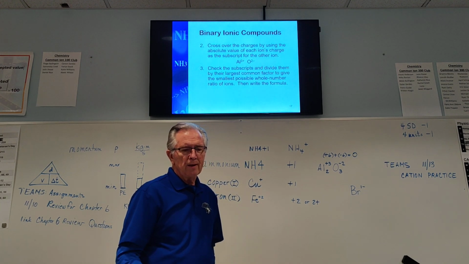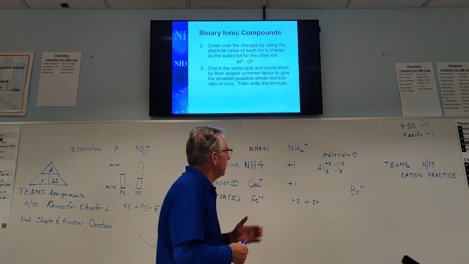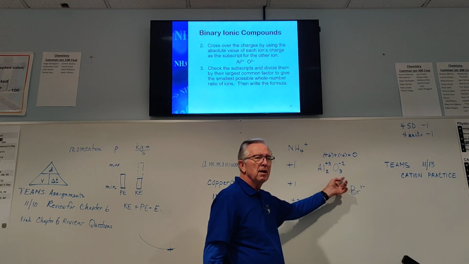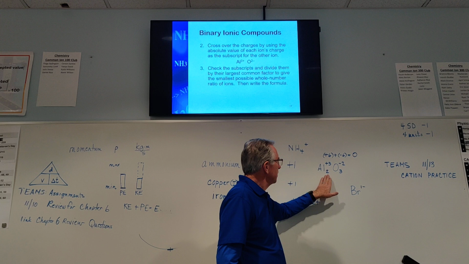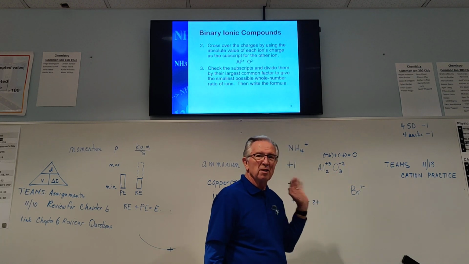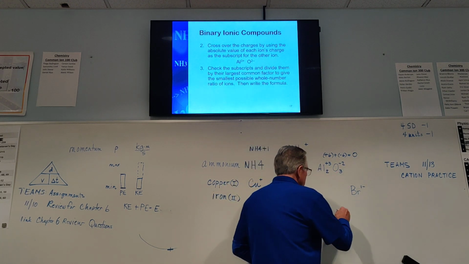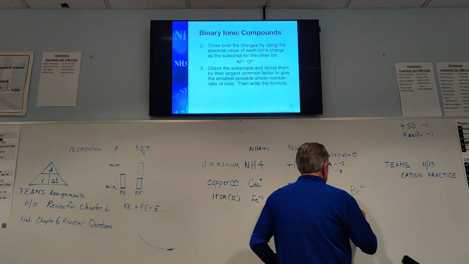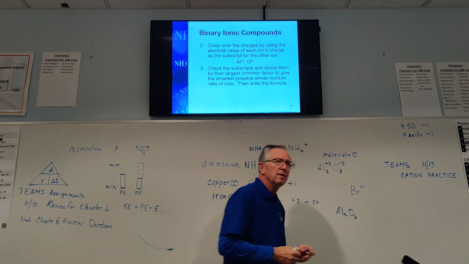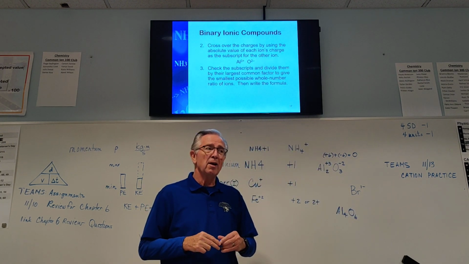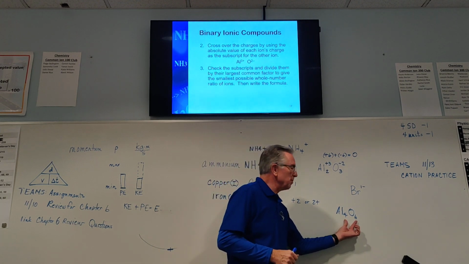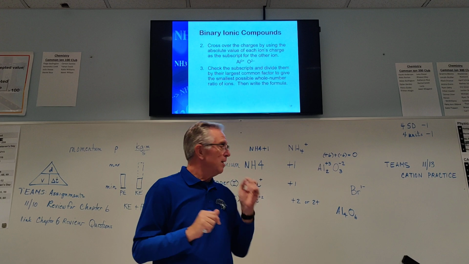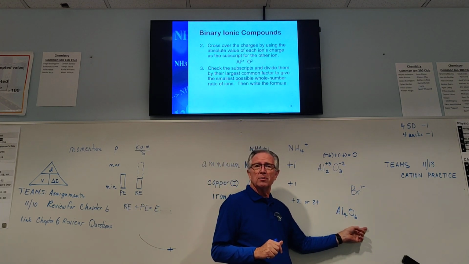Okay? Now, if it turns out that both of these numbers are divisible by something, let's say I had done it and come up with Al4O6. Well, remember, if it's an ionic compound, these subscripts are the lowest whole number ratio. Is 4 and 6 the lowest whole numbers?